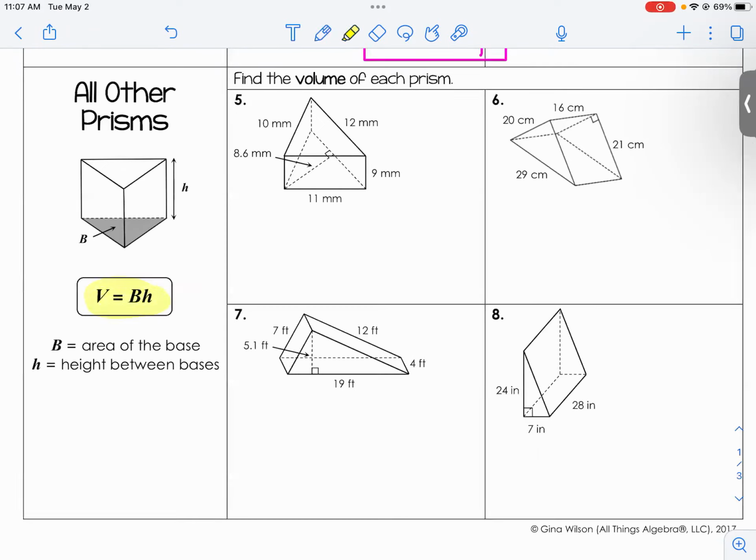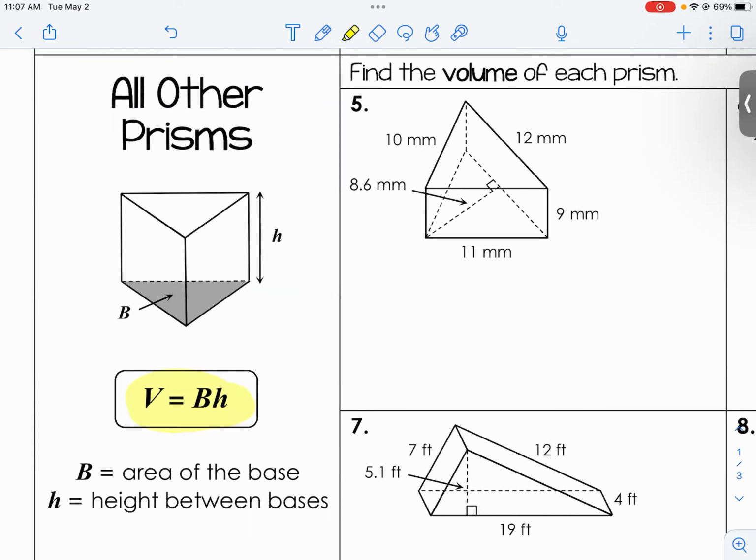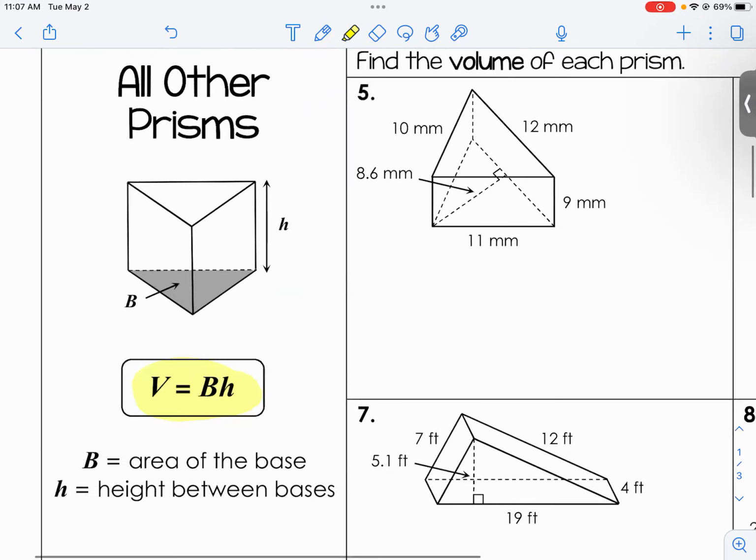So I need you to understand that when we find the volume of this triangular prism, we are going to first have to find the area of the triangle. Then we're gonna have to multiply by the prism's height, okay? So our volume is going to be, I'm just gonna write a triangle times the height, okay?